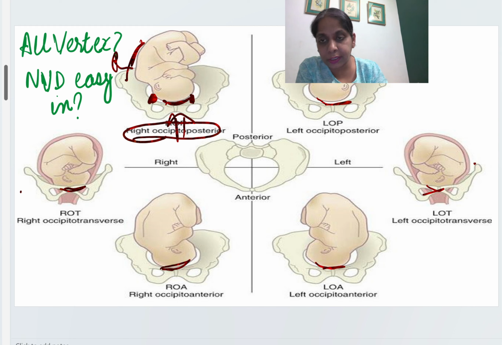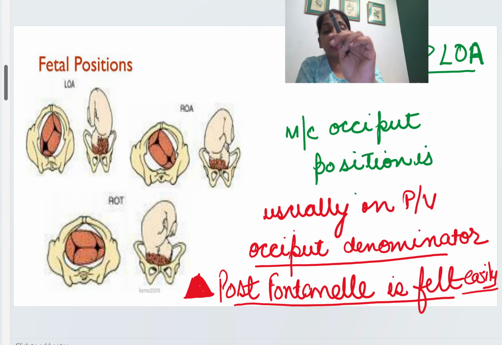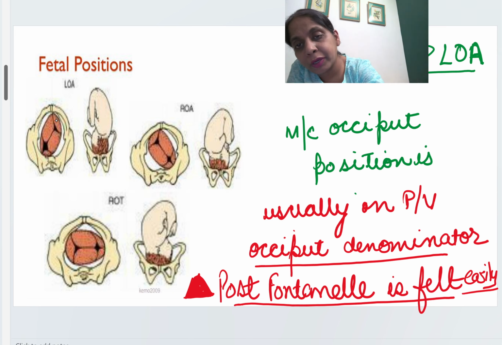Let me show you this. I already told you in the beginning that the posterior fontanelle is triangular in shape, and the anterior fontanelle is quadrangular, diamond shape. Here, when we are doing PV, this triangular area is in the front, and the diamond area is in the posterior.